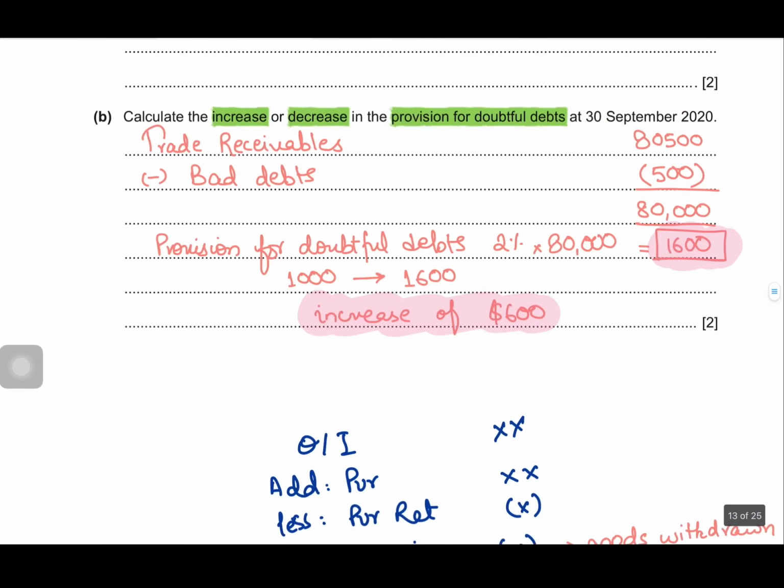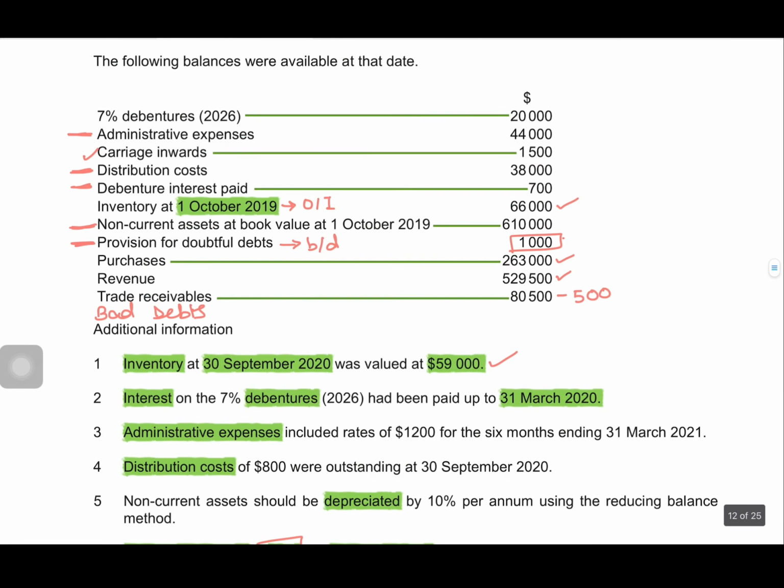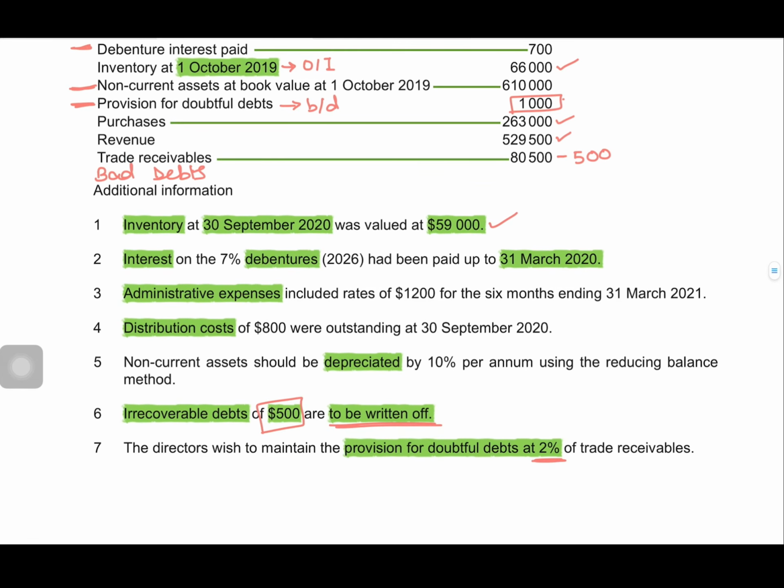Okay, so starting with admin expenses, the figure given to us in the list of balances is $44,000, right? But there's an adjustment related to admin expenses, and in adjustment number 3, it says admin expenses include rates of $1,200 for the 6 months ending 31st of March 2021.